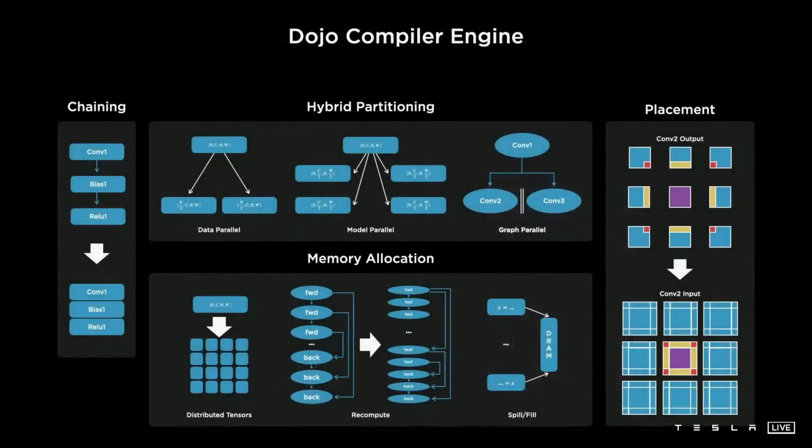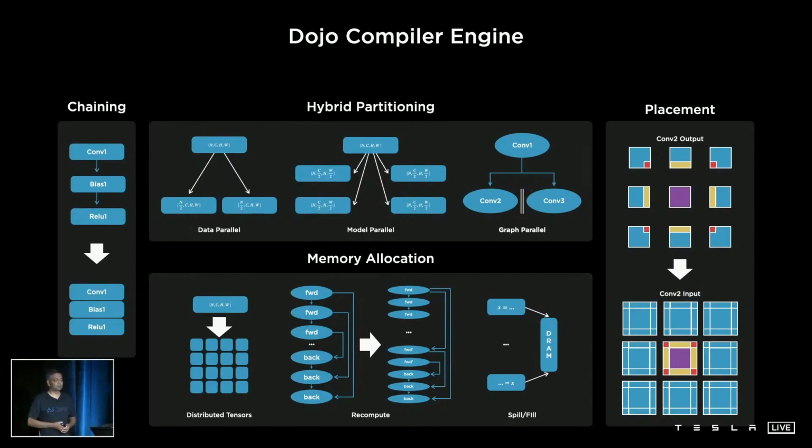Our compiler uses multiple techniques to extract parallelism. It can transform the networks to achieve not only fine-grained parallelism using data, model, and graph parallelism techniques, it can also do optimizations to reduce memory footprints. Because of the high bandwidth nature of our fabric, model parallelism can be extended to a level that was not possible before.